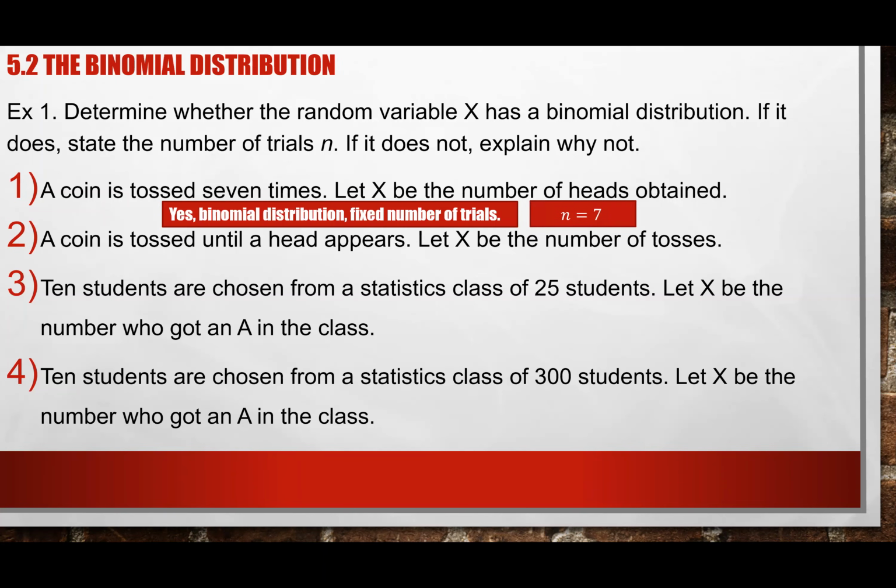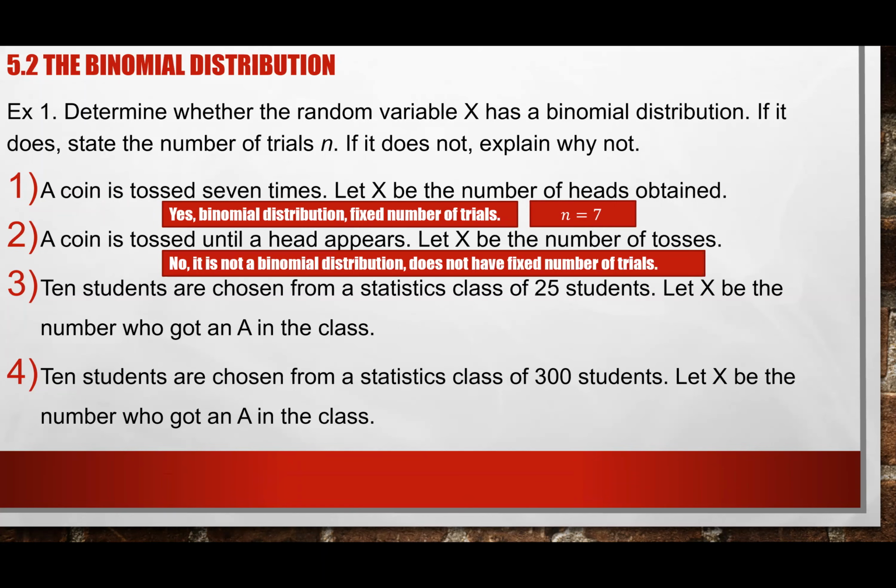So what is the difference between number one versus number two? Well, in number two, do we have a fixed number of trials? This one is basically unlimited: we just flip the coin until we see a head appear, right? So this is not a binomial distribution, because it does not have a fixed number of trials.